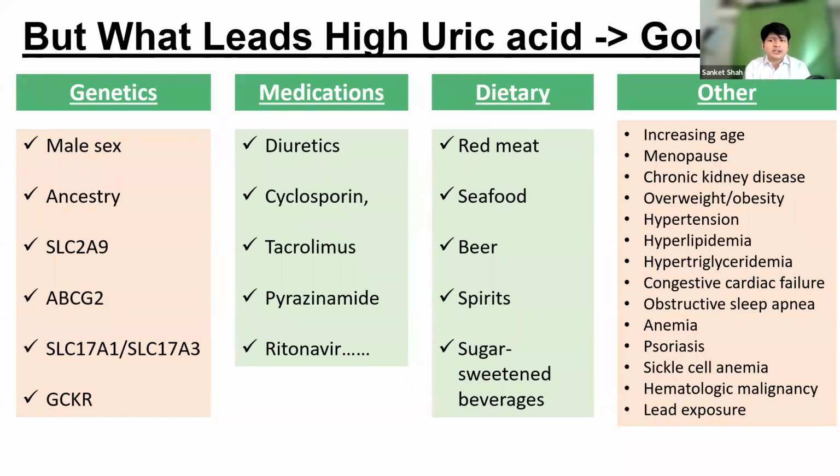That is the point where I start a urate lowering agent. So there are certain conditions where you cannot avoid it. That is the point where it will actually benefit. Otherwise, it will not benefit. So these are the factors from high uric acid to gout. We have to be careful that if we can address these, this is the way to do medicine. Your answer does not lie in allopurinol or febuxostat.